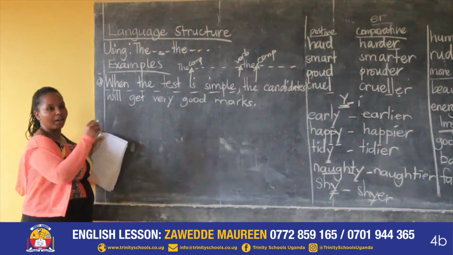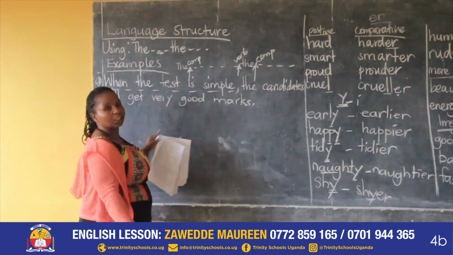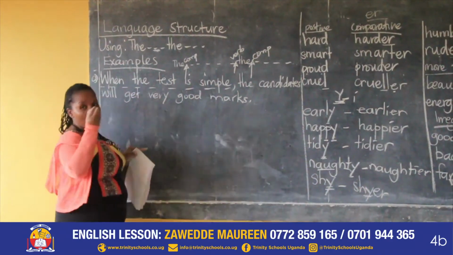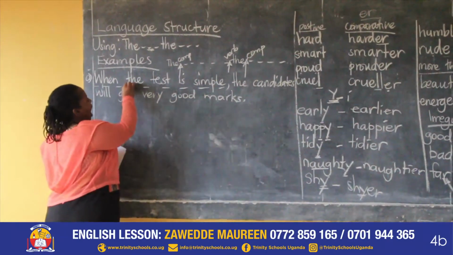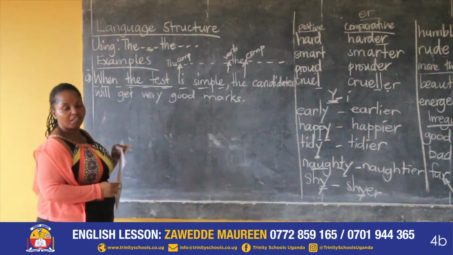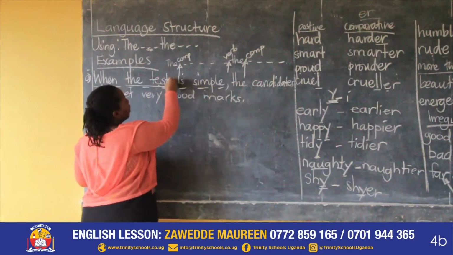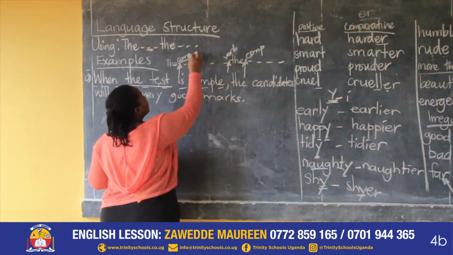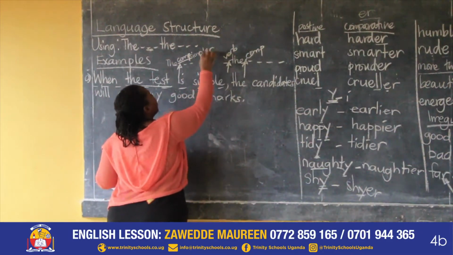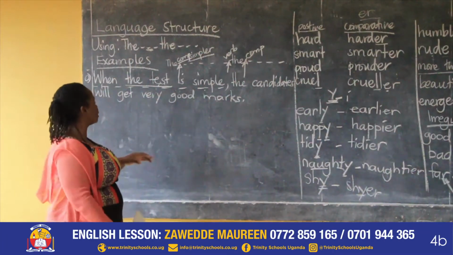On getting it, we are going to get its comparative. An adjective is a word that describes a noun. Our noun is the test. What is describing the test? The word simple. So we get the comparative of simple. We plot it here with a pencil. Our comparative of simple is simpler.